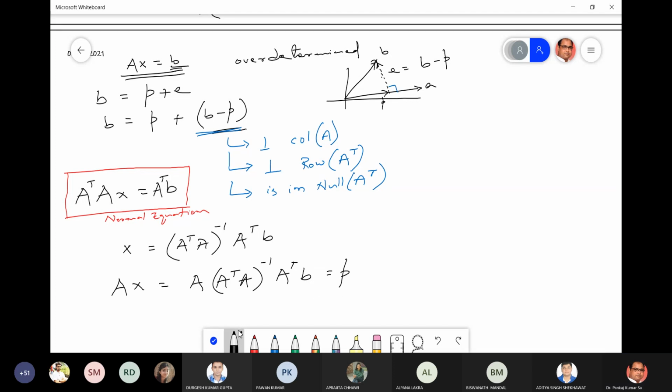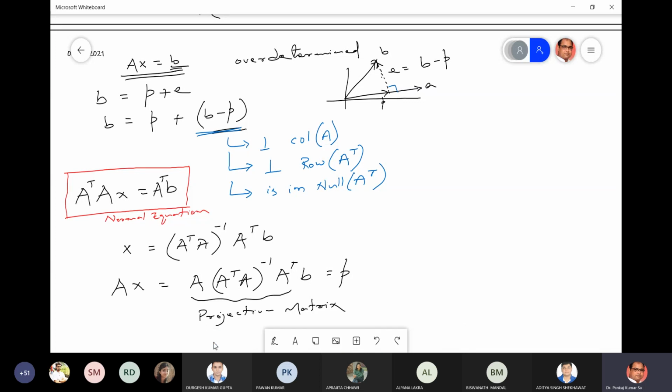So this I can call a projection matrix. If you recall, x hat equal to P times b and all those we saw in one of the previous classes. I mean, everything will be correlated now.